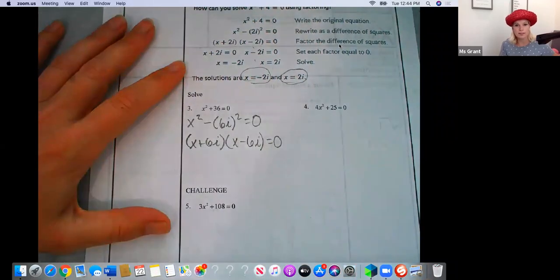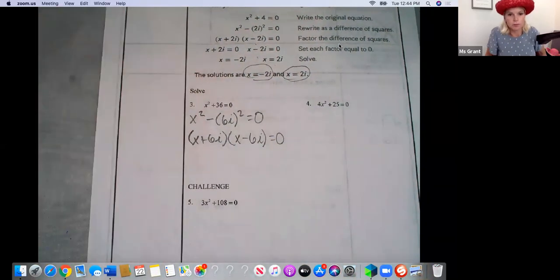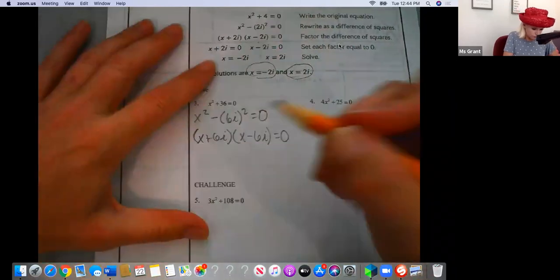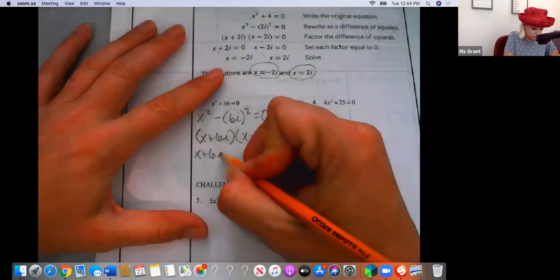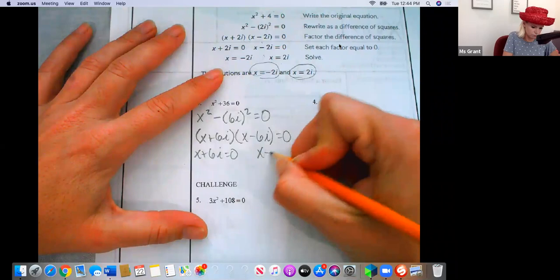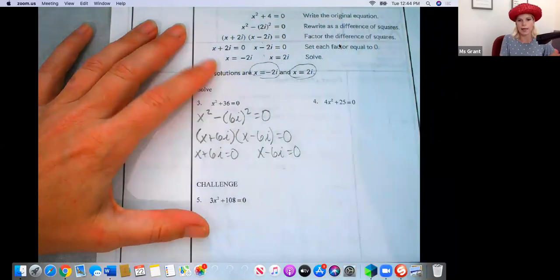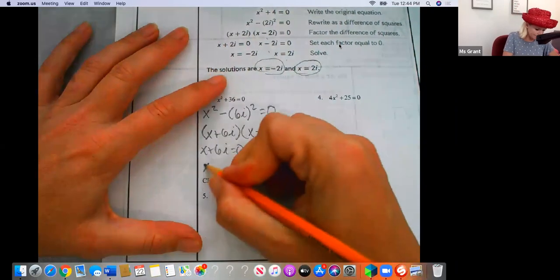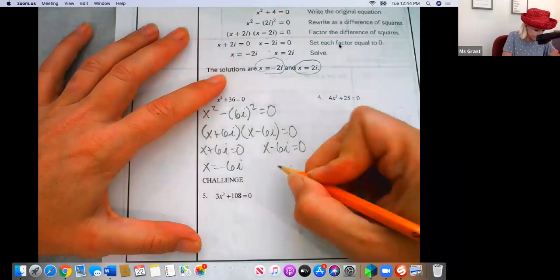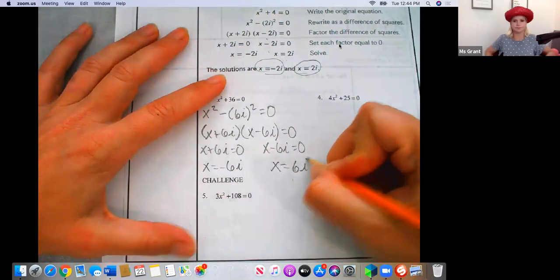Set them both equal to 0. So x equals negative 6i, x equals positive 6i.